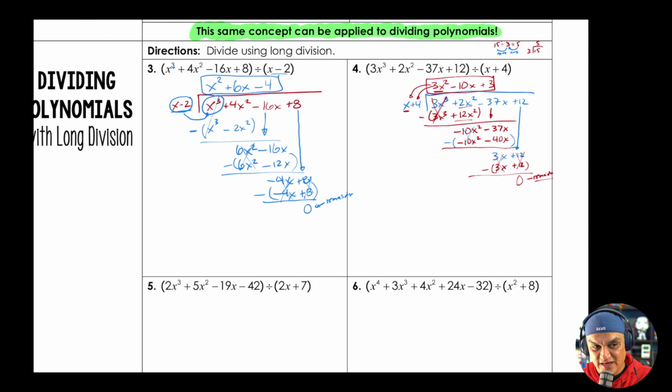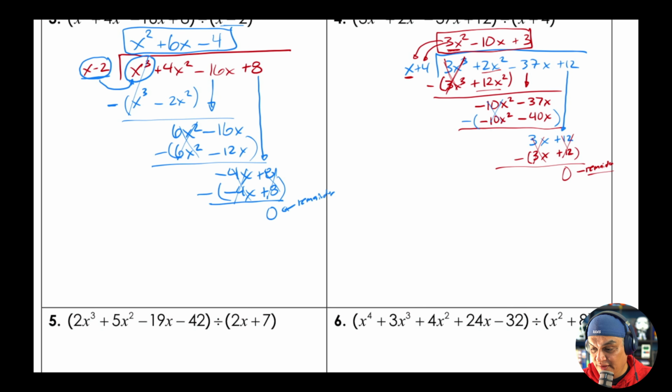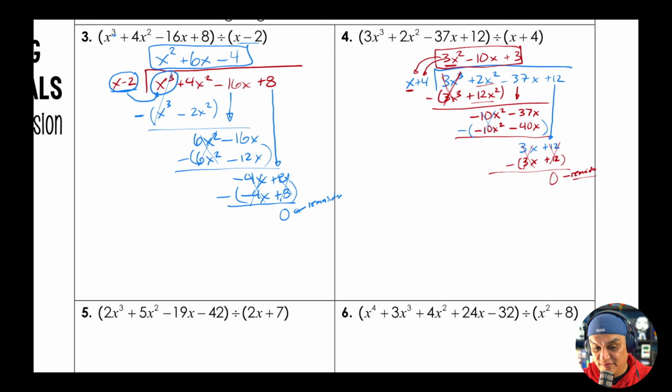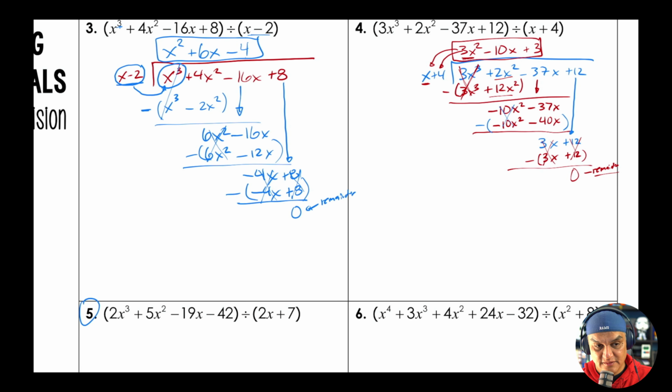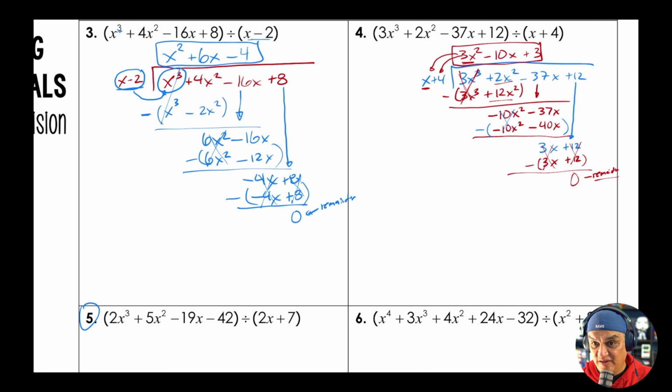I want you to try number 5 on your own. And it should be less of a mess than you did in the warm-up, now that you have 2 examples here. I'll give you 5 minutes to try number 5. Look at 3 and 4 as examples.